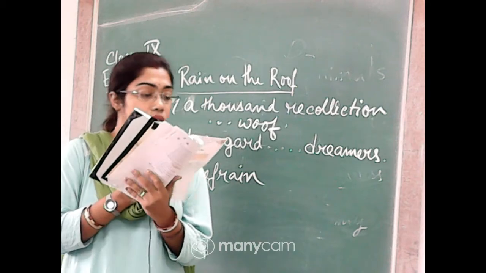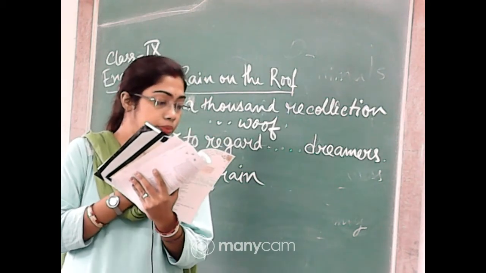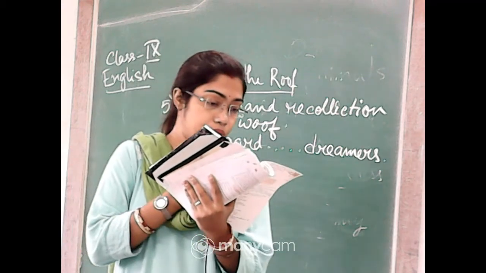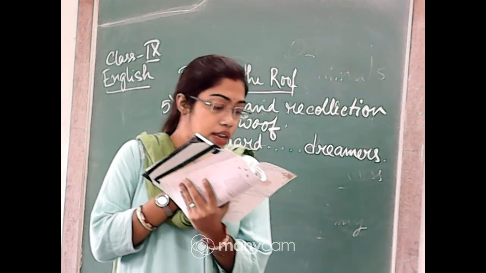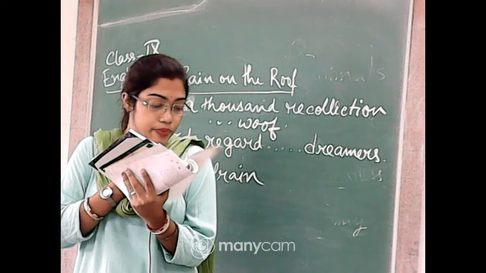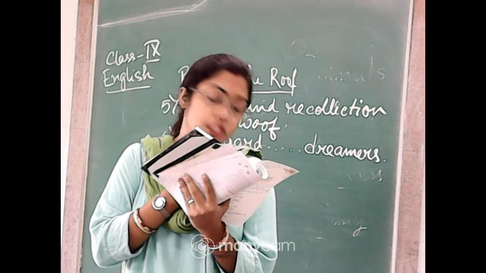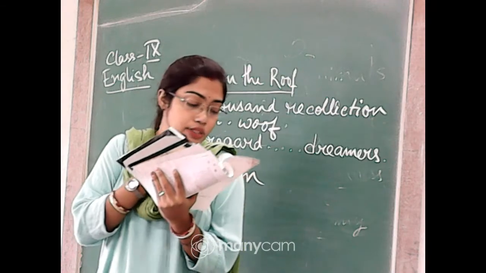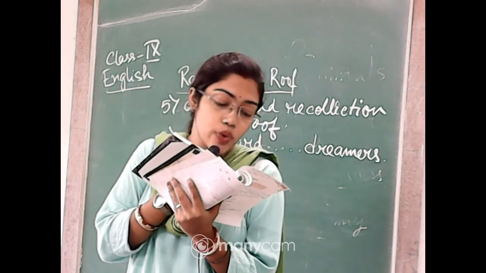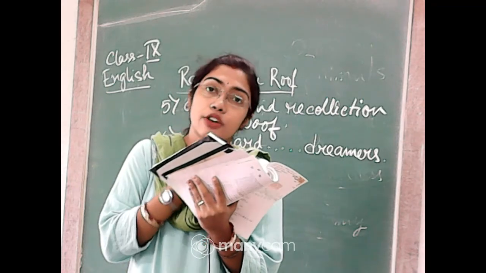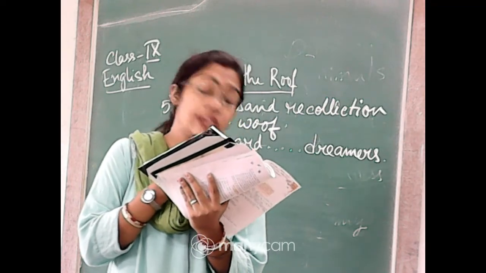Okay, now in the last you see, what does the poet like to do when it rains? These questions you can answer by yourself. The poet likes to sleep and dream when it rains.